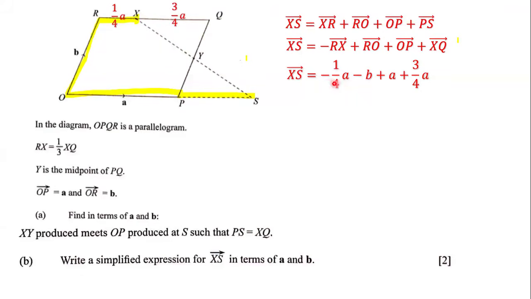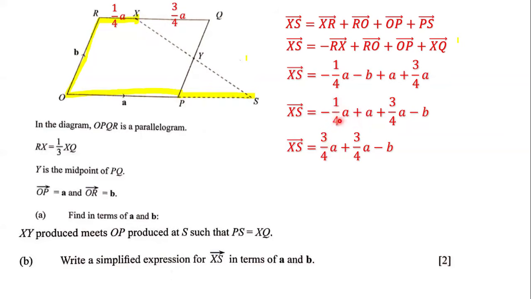And so that means that XS is going to be equal to negative 1 over 4A minus B plus A plus 3 over 4A. We group all of our like terms together, all of the A's and then all of the B's. Negative 1 over 4A plus 1A gives us 3 over 4A.